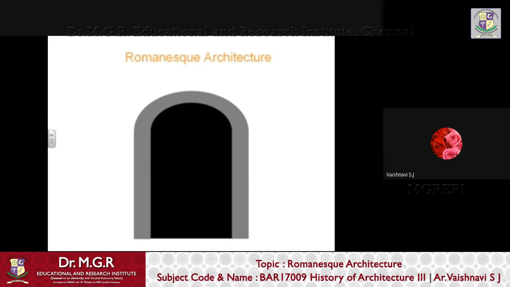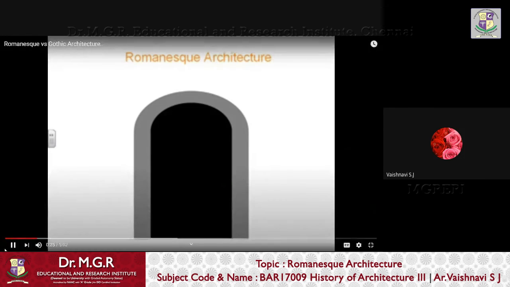One of the reasons why it's called that is it has these rounded arches. Let's say we take this Roman arch and we want to build it really tall.